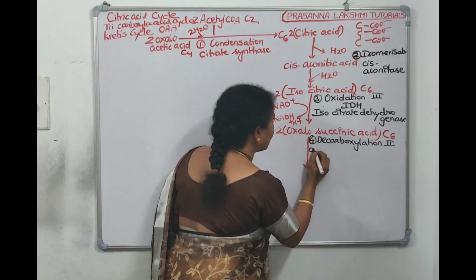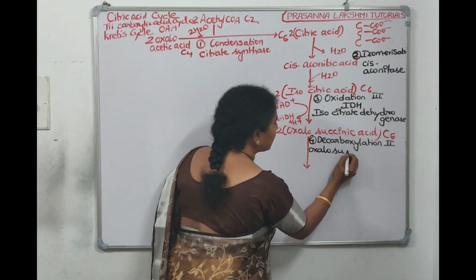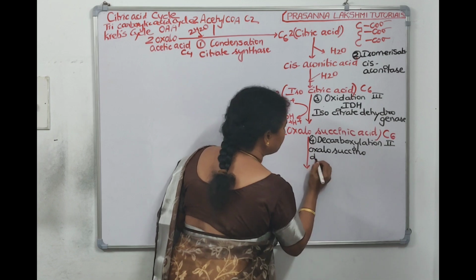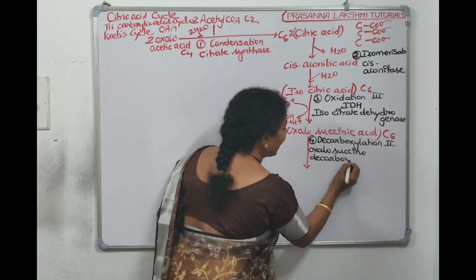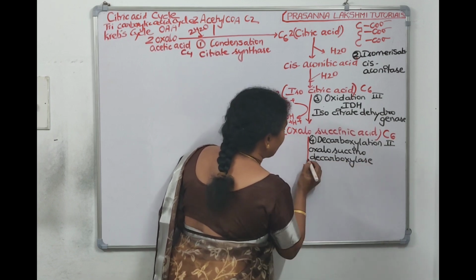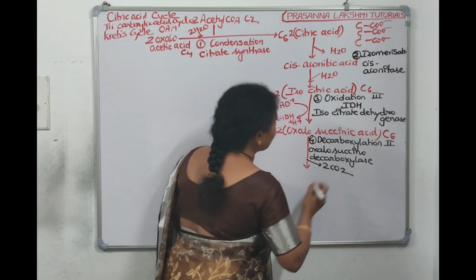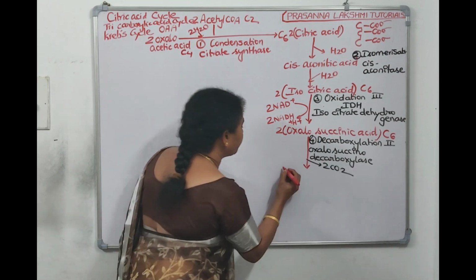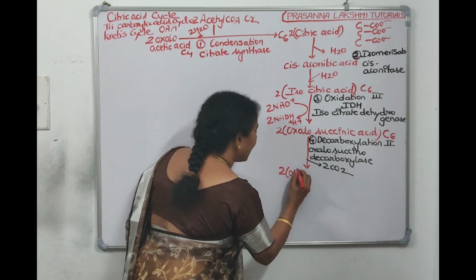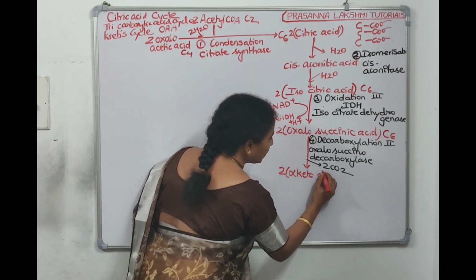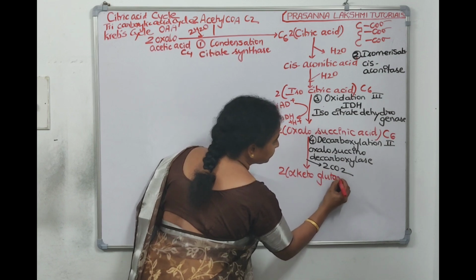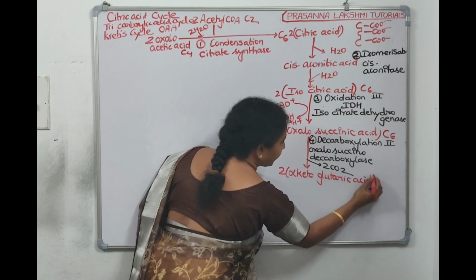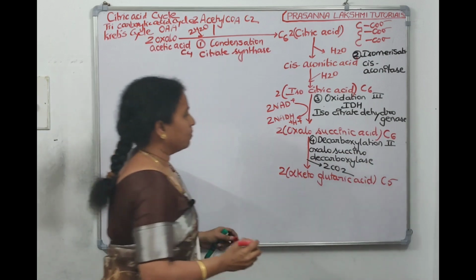It removes carbon dioxide molecules. Then a 5-carbon acid will be formed, which is called alpha ketoglutaric acid, a 5-carbon compound.